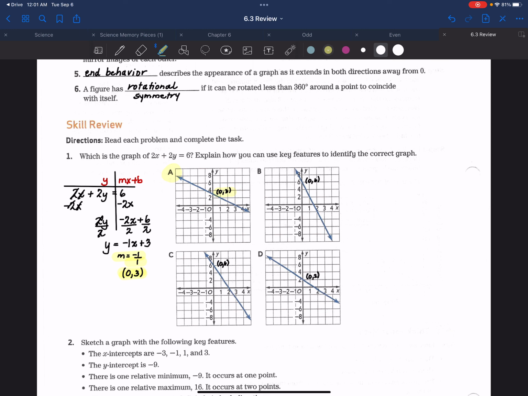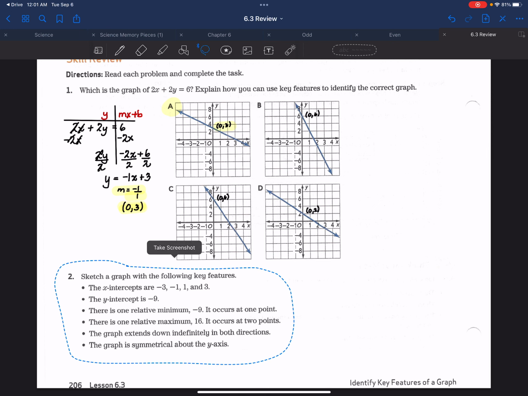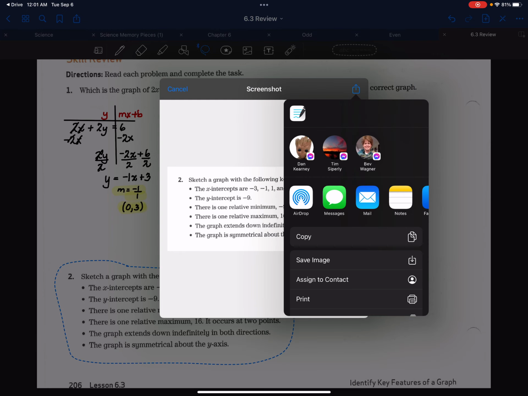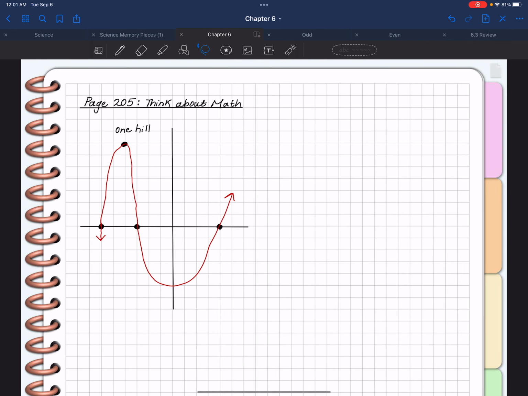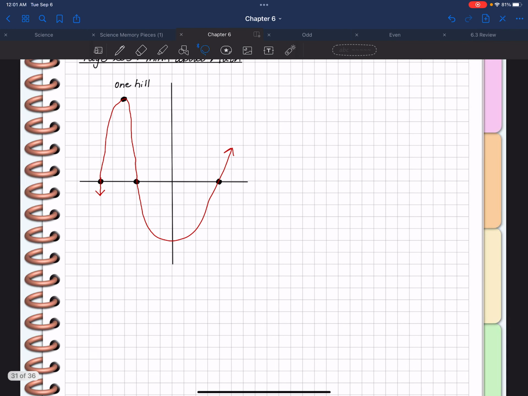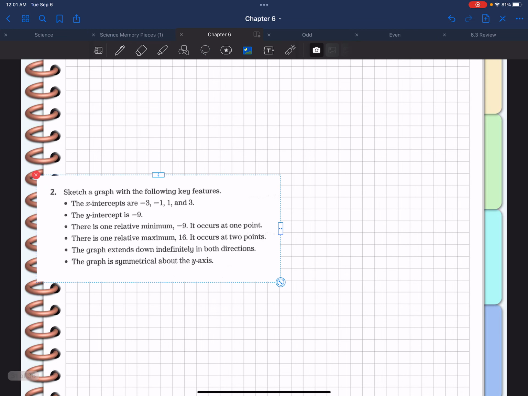Okay, number 2, they want us to sketch a line with the following key features. So let me make a copy of these conditions. I should have already done this, but I didn't realize I was going to need to. And bring it back to my notebook, and let's go ahead and put down those conditions and sketch a graph.